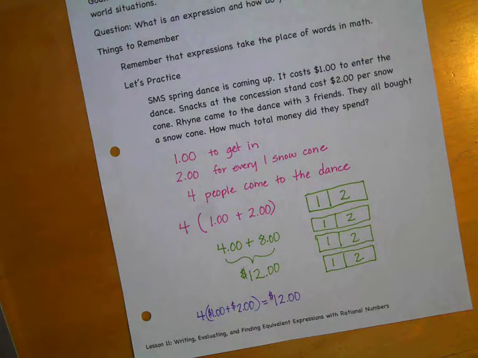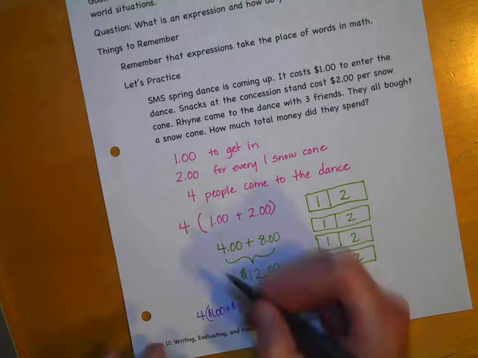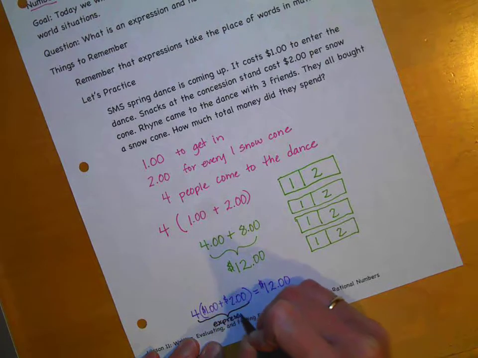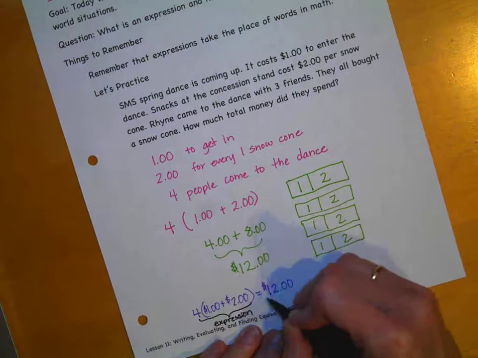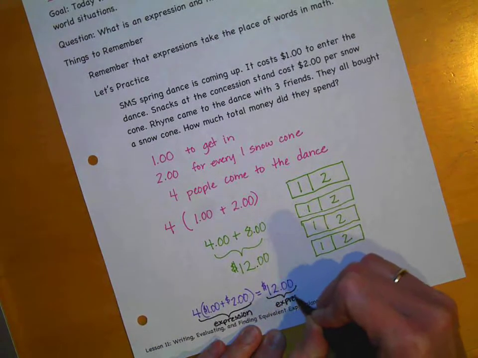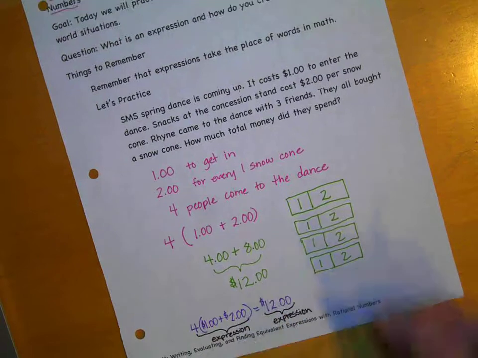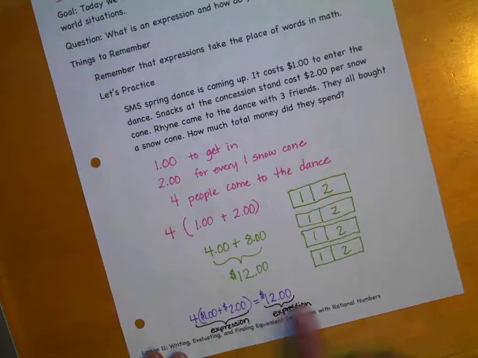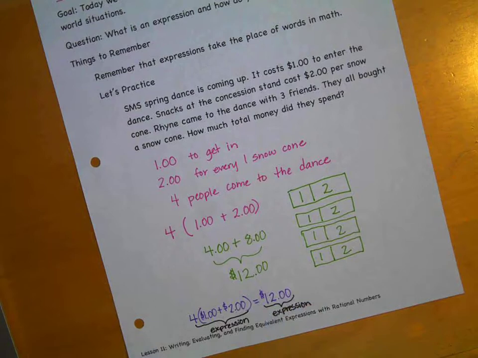Okay, and so this whole thing right here is an expression, right? Expression. And this right here is an expression. And so if we go back to our title, it says finding equivalent expressions with rational numbers. That's definitely what we did, because this expression equals this expression.